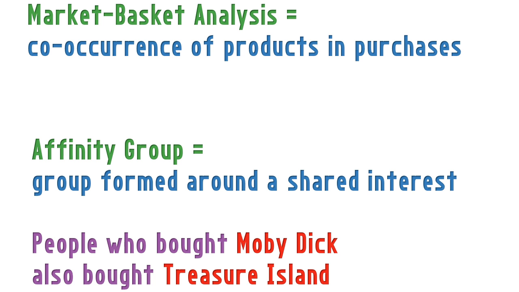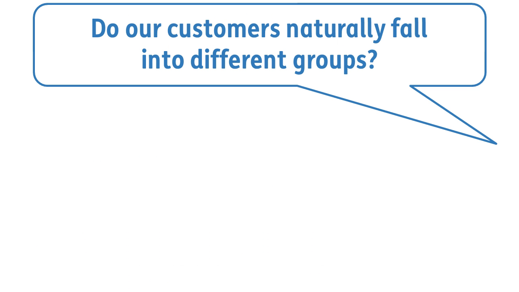Consider two questions that we might ask about our customers. Do our customers naturally fall into different groups? Here, no specific purpose or target has been specified for the grouping, so this is called an unsupervised data mining problem.